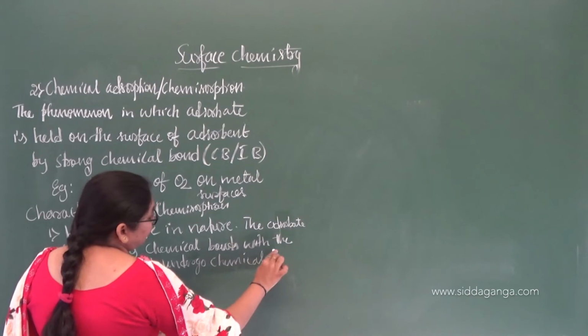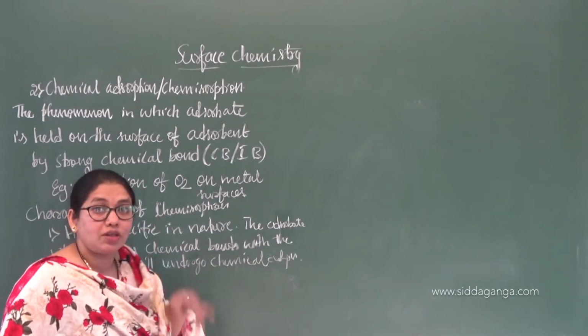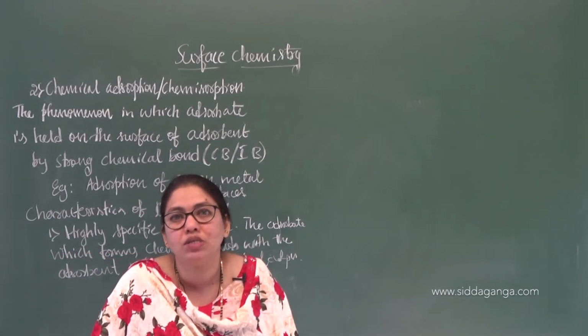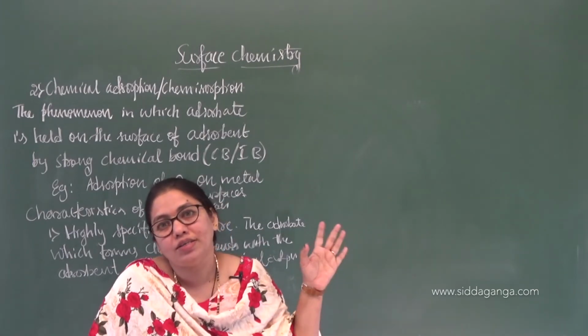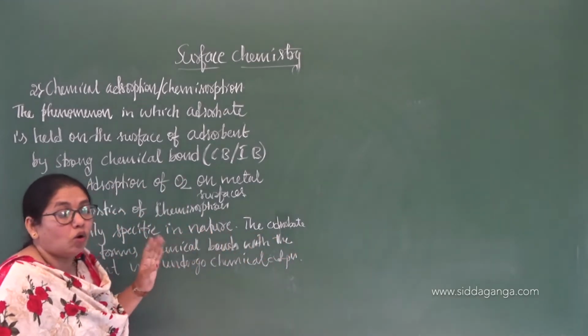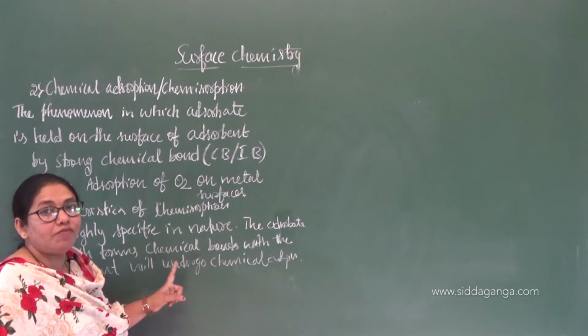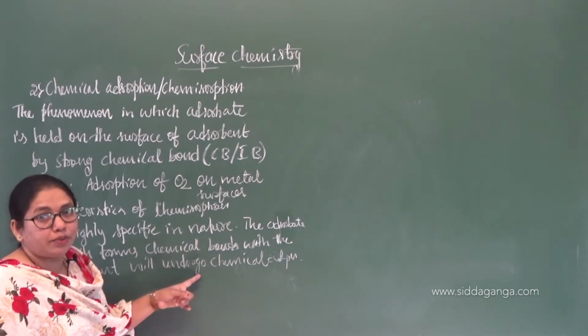It is not like physisorption, where whatever gas can form van der Waals forces, because van der Waals forces are universal, will adsorb on the surface of that adsorbent. But here it is not the case. Only the gases which form strong bonds with the adsorbent will undergo chemisorption or chemical adsorption.